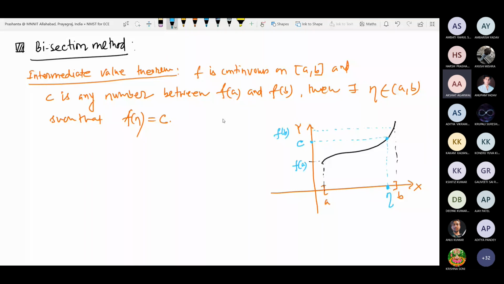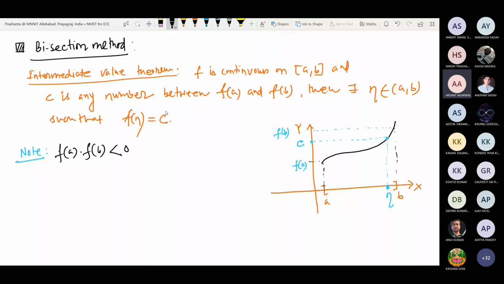Yes, sir. Now what will happen if f of a and f of b are of opposite sign? Consider the note. If f of a into f of b, their product is less than 0, this is another way to say that f of a and f of b are of opposite sign.